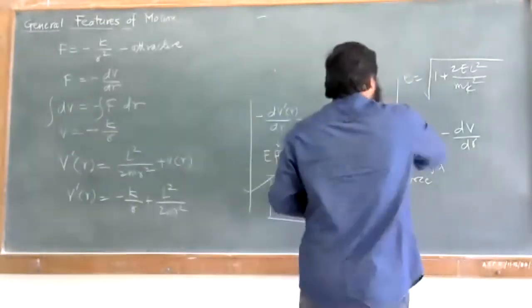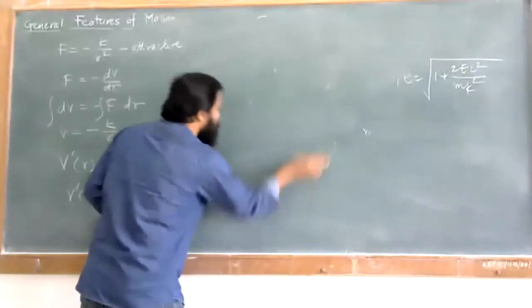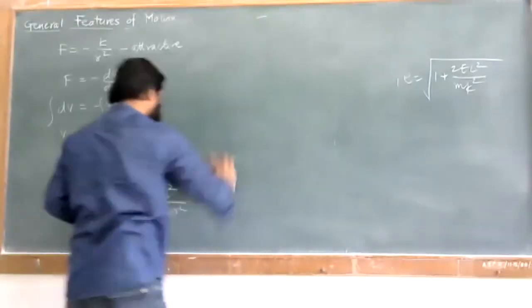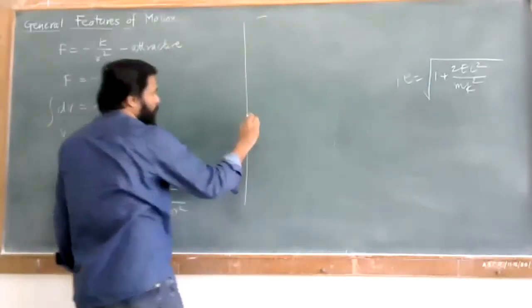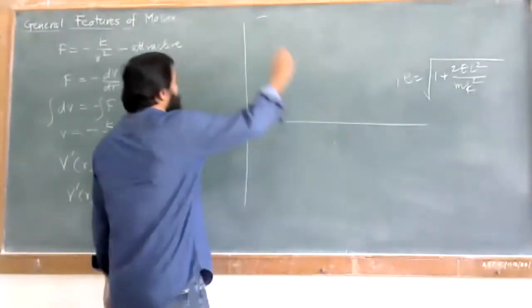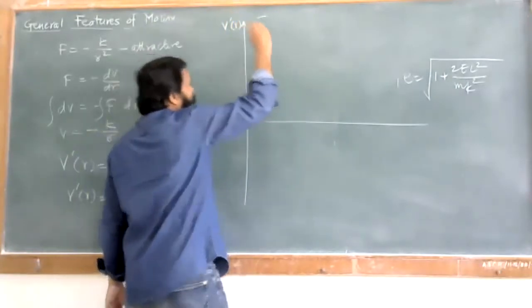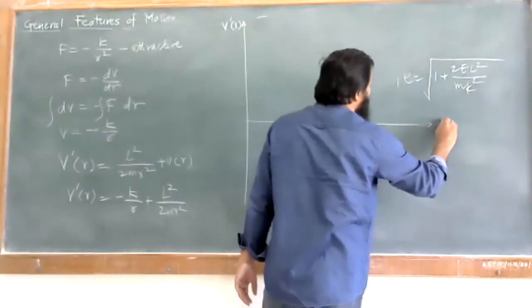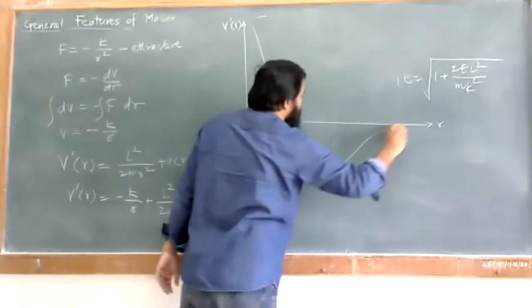I can have a curve for this. We can have an effective potential curve V dash of R that varies with respect to R, and the terms should be like this.